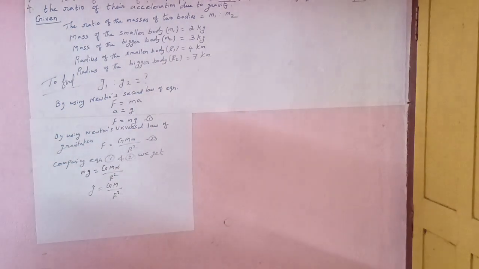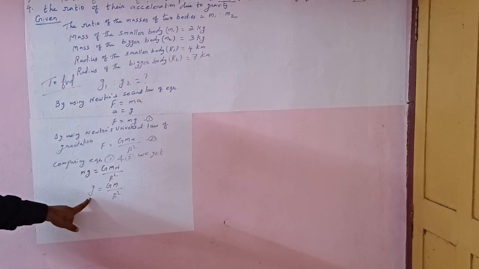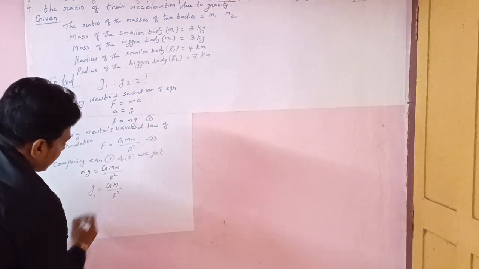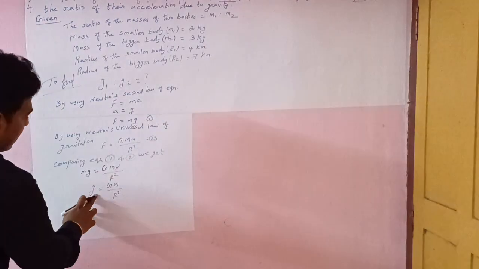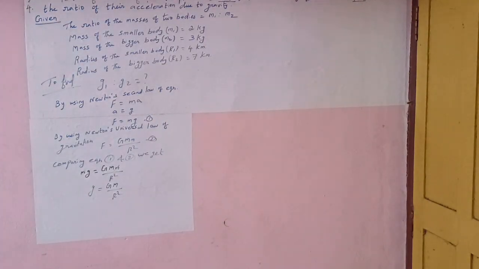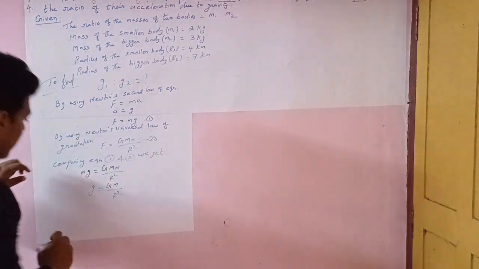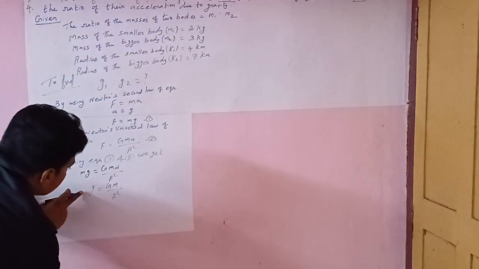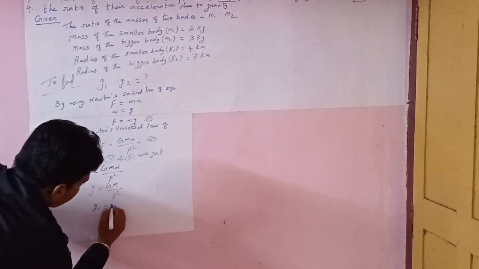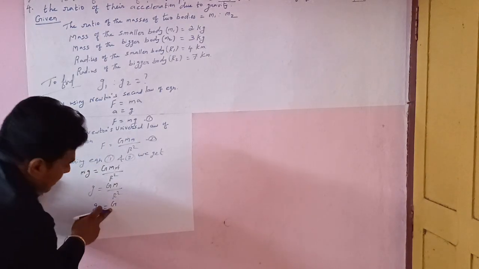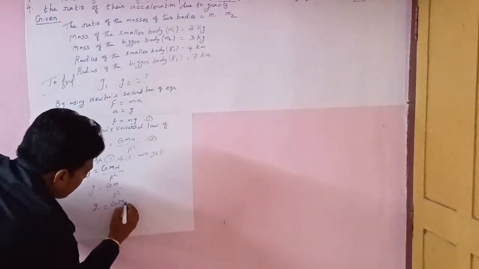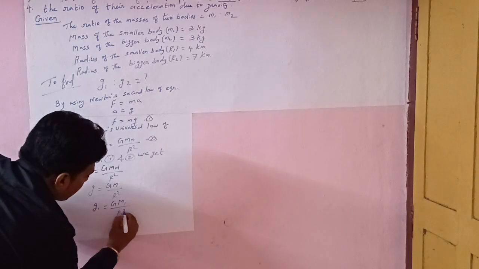Again we have to take this g value. So we have to write g1 and g2 by using this equation. g1 equal to capital G, because G is the universal gravitational constant, into M1 divided by R1 squared.